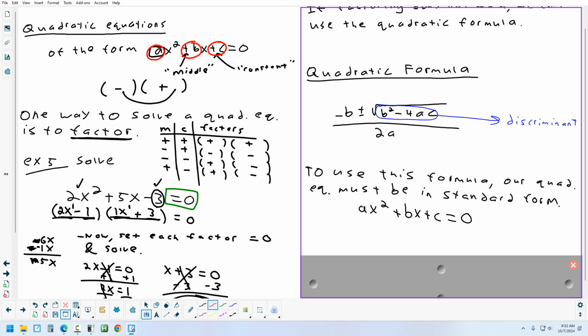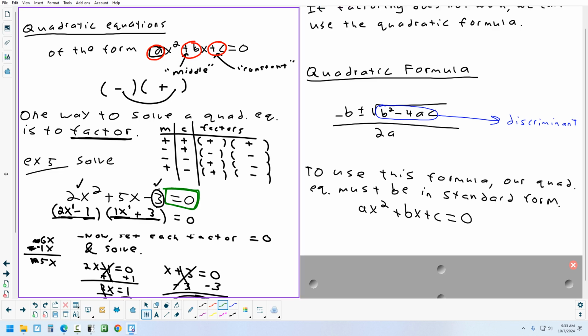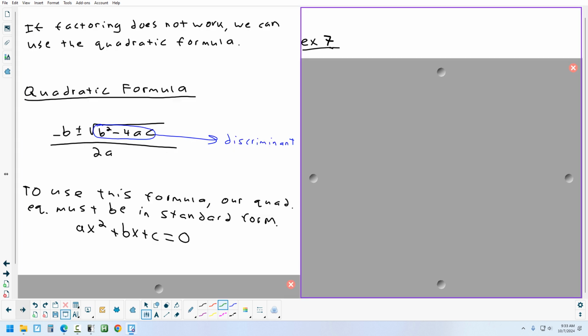All right, so just like I mentioned before, in order to use quadratic formula or factoring, you have to get it equal to 0.